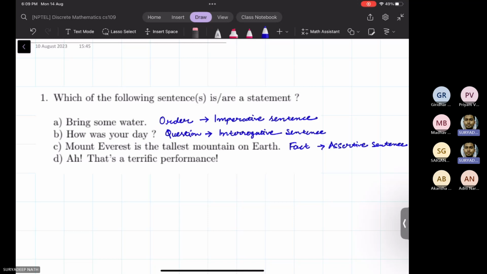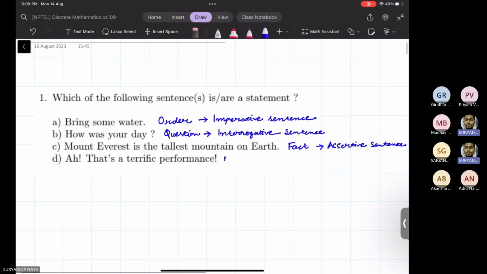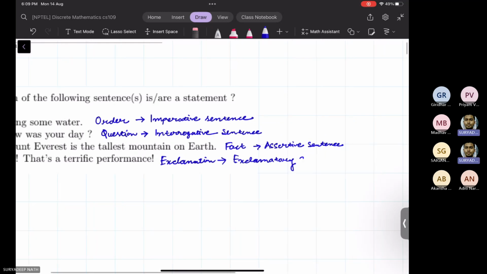And fourth one, that's a terrific performance. This is an exclamation, an exclamatory sentence.